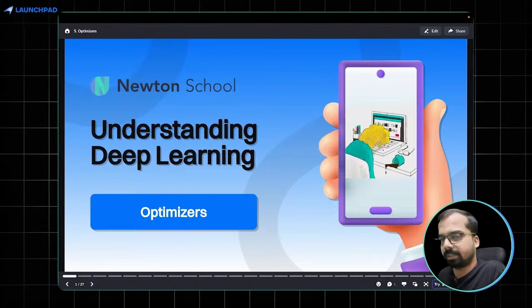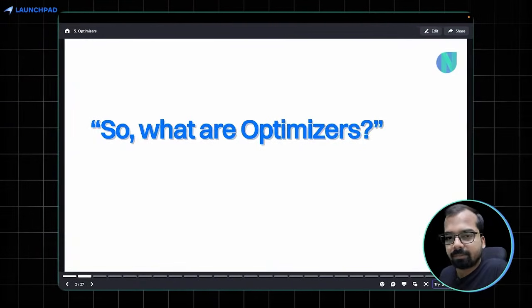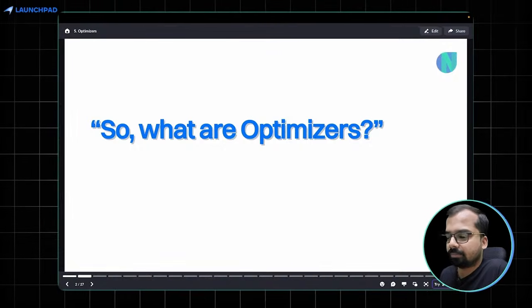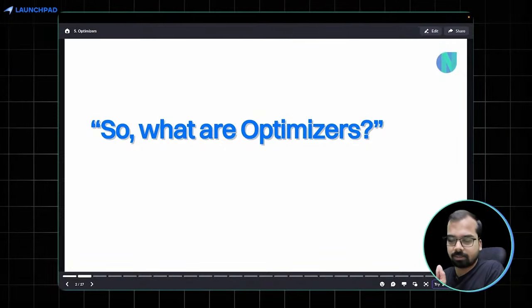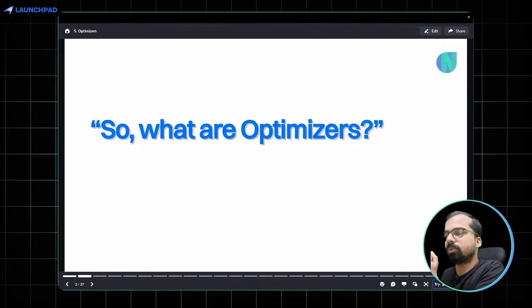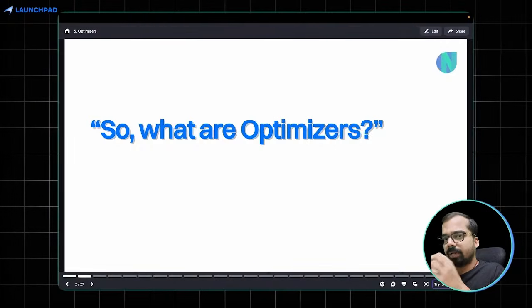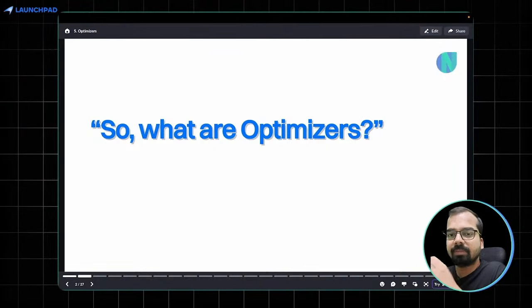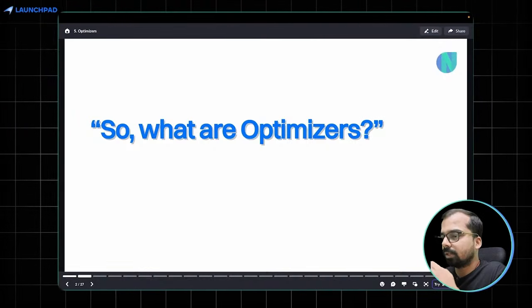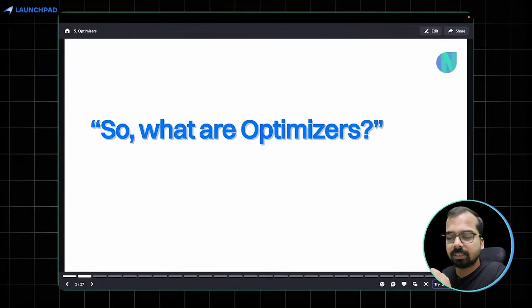So what are optimizers? In our neural networks, we had these weights and biases, also known as parameters of a deep neural network, that are adjusted so that our predicted value becomes very close to the actual value from the training data set. To adjust these weights and biases, the concept of optimizer comes into the picture.